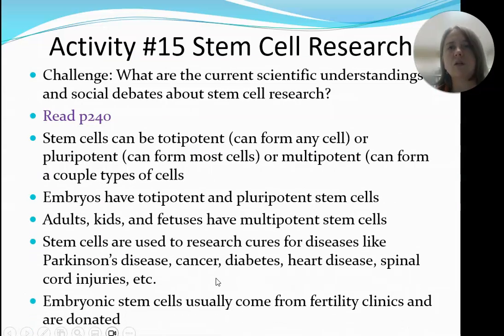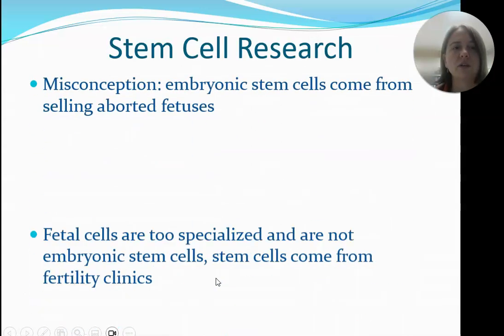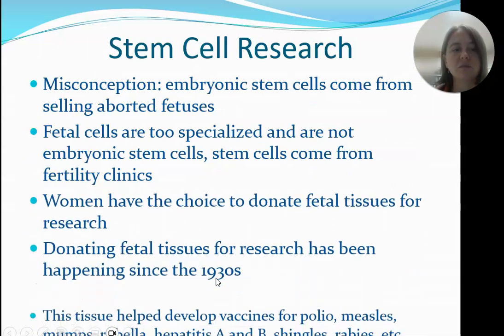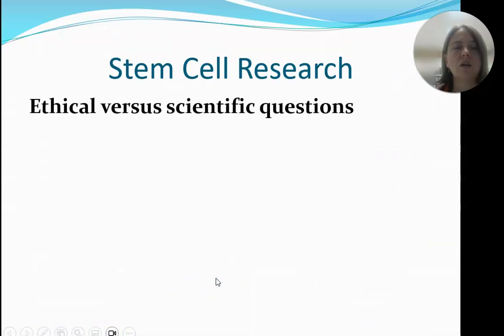Then we learned about different types of stem cells, like totipotent that can make any form of cell, multipotent that can make only a couple of types of cells, and specialized cells, which can only be that one thing. And we talked about some misconceptions about stem cell research, and about ethical versus scientific questions.